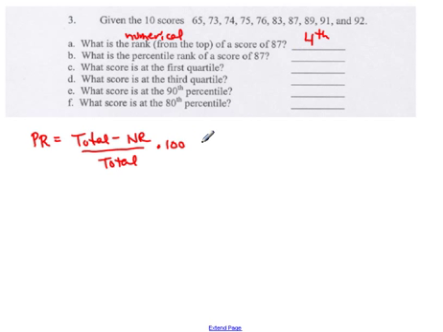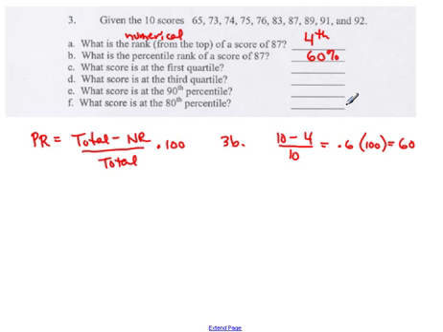So in this particular problem, 3b, we would take the total number of numbers, which is 10, minus the numerical rank, which we just found in part A to be 4, divide by the total, which is 10. This gives you a decimal of 6 divided by 10, which is 0.6. Multiply by 100 so that you get 60%. And that's the percentile. You could say 60th or you could say 60%.